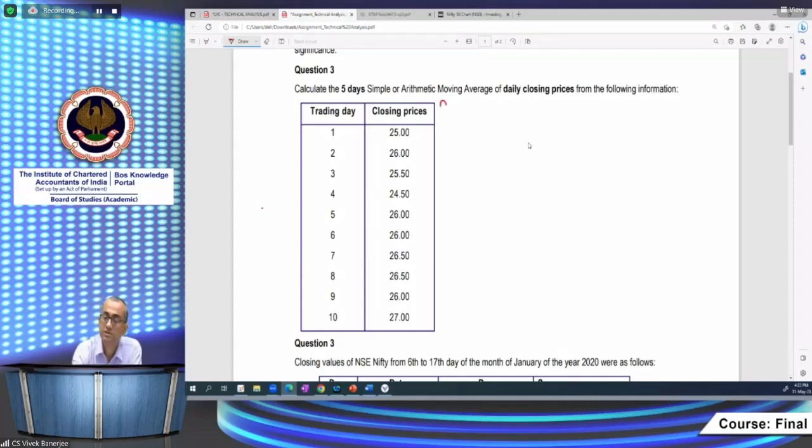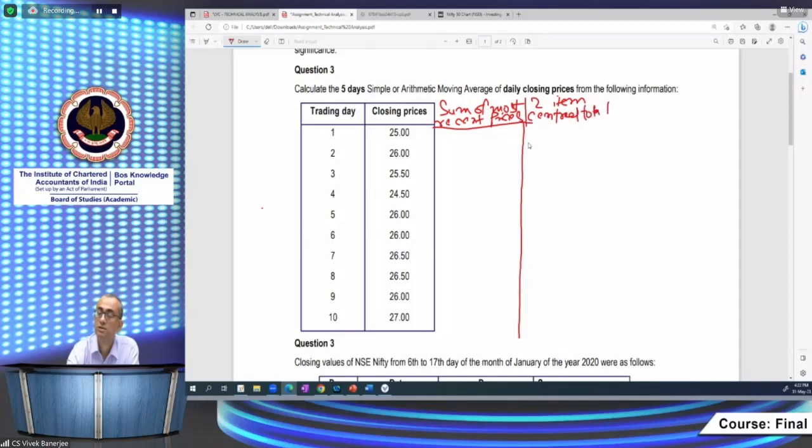Let us first begin with the sum of most recent prices. The next column will be the two-item centered total.